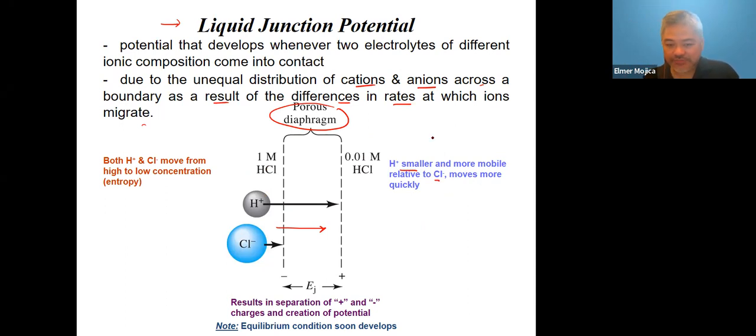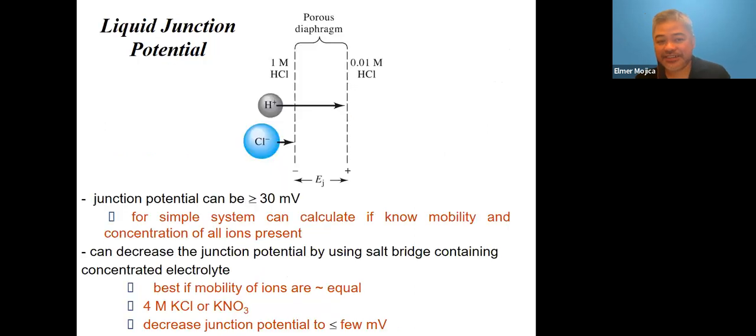But what happens is, after some time, you develop equilibrium. Okay, so that's what happens during the junction potential here. This results in the separation of the positive and the negative charge and the creation of the potential. But after some time, they also equilibrate. Okay? So the junction potential can be more than or equal to 30 millivolts. So for a simple system, you can calculate it if you know the mobility and concentration of all ions.